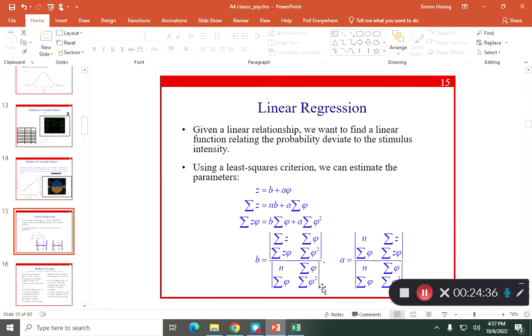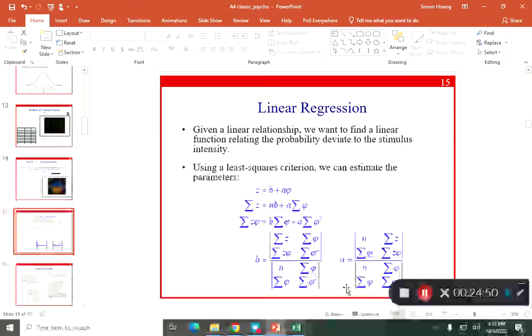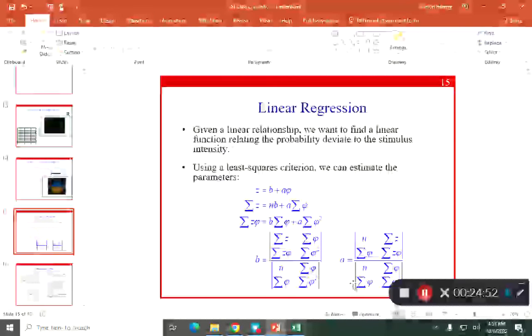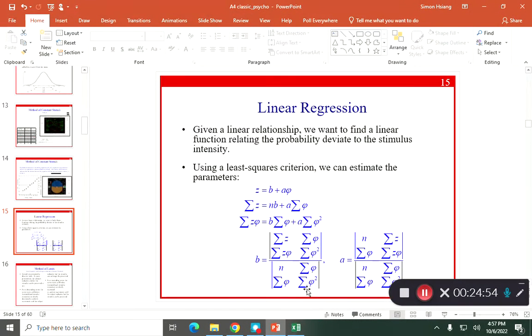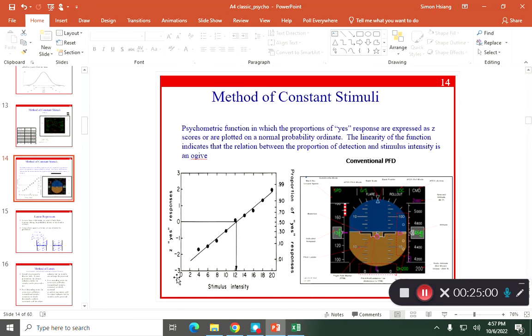Since it's equal space, the denominator really is the variance in disguise. Would you agree with me? N times summation phi squared minus summation phi times summation phi, right? So the denominator really is about how the stimulus spreads over a range.